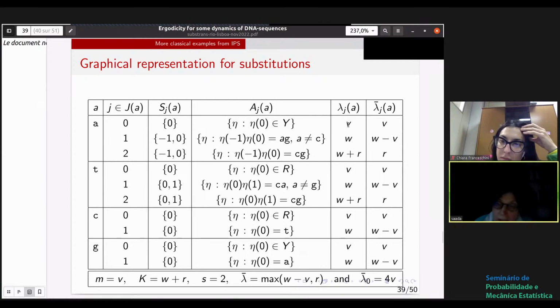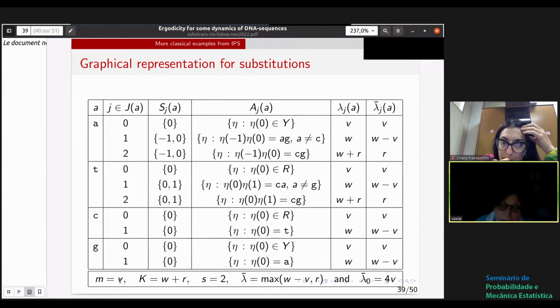Lambda J is V, W, and W plus R, and the lambda bar, which is the difference between one and the other. So here it's V, here it's W minus V, and here it's W plus R minus W, so it's R. And we do the same in the four cases.